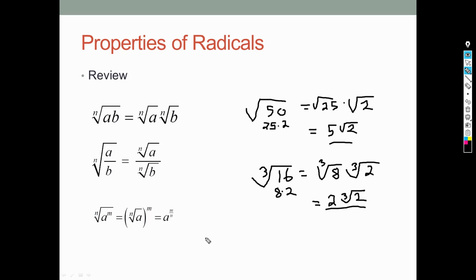And of course, this property allows you to do something like this. If you have, say, a fifth root of 1 over 32, for example, this property allows you to break that down into the fifth root of the numerator over the fifth root of the denominator.